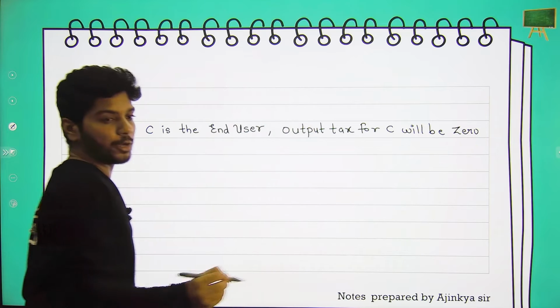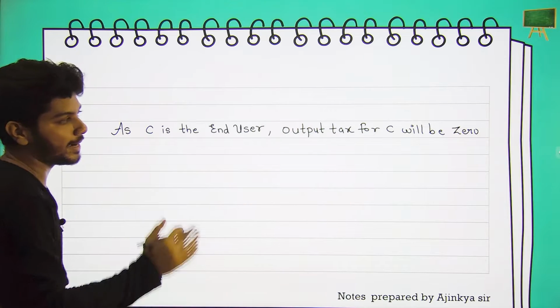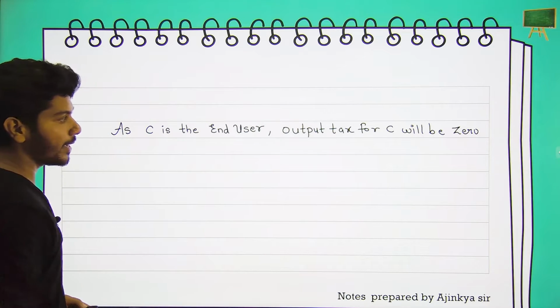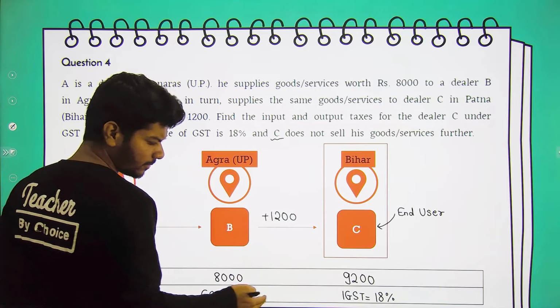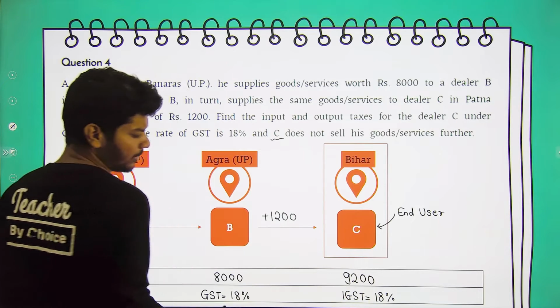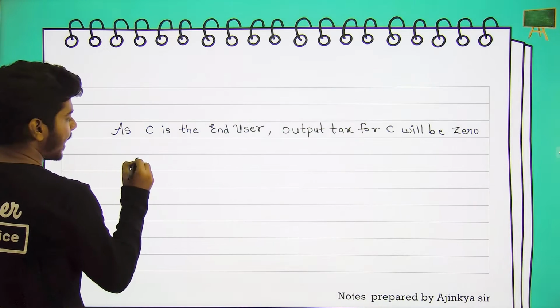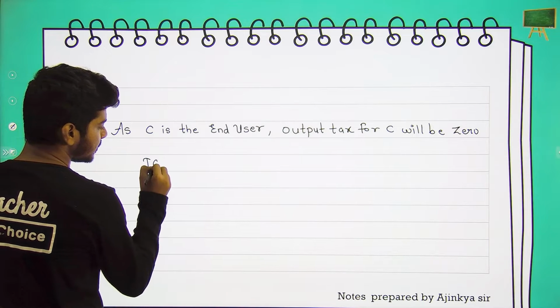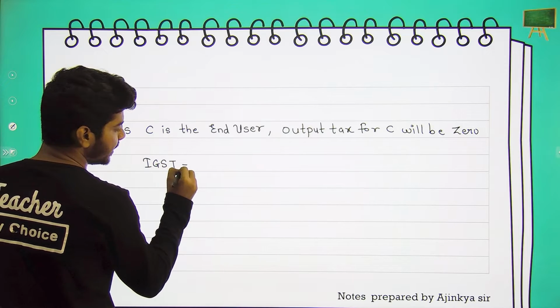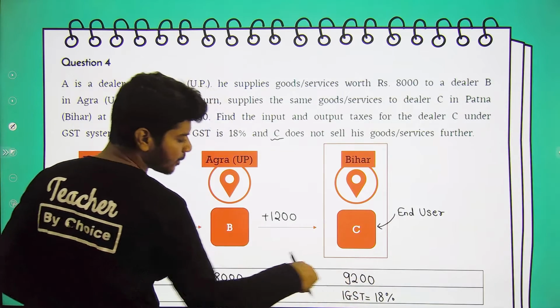Why 0? Because he is the end user and he is not further selling the goods. Okay, so input tax will be 18% of IGST, 18% of 9200. IGST will be equal to 18% of 9200.